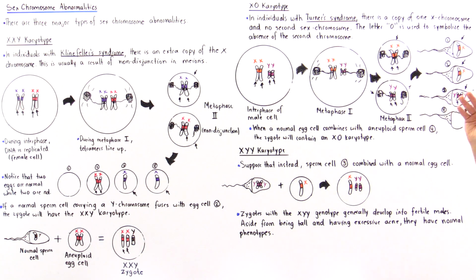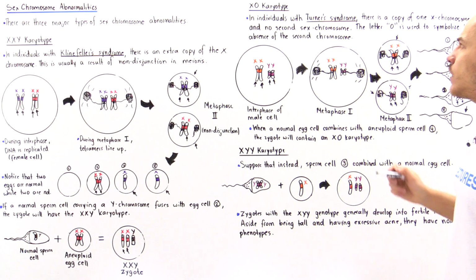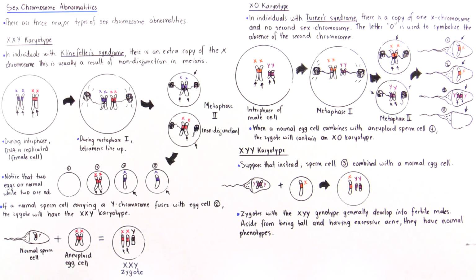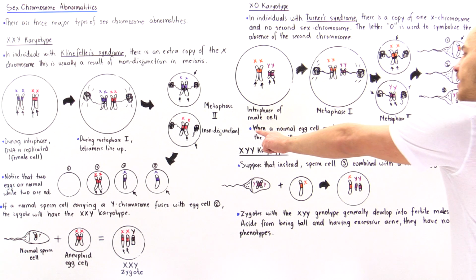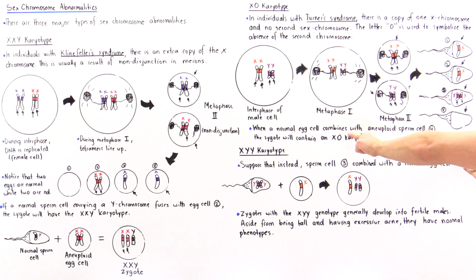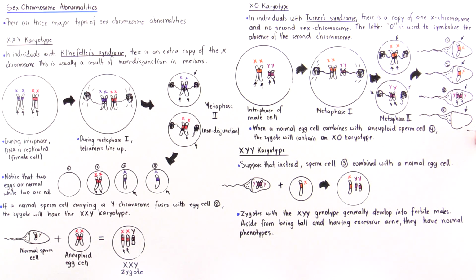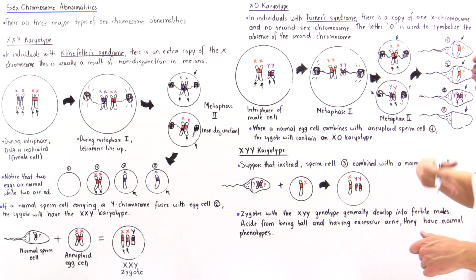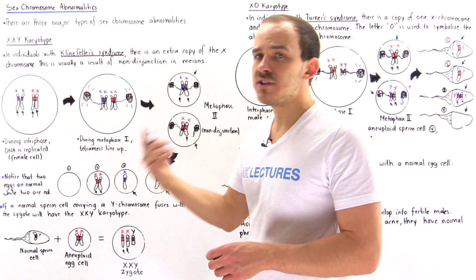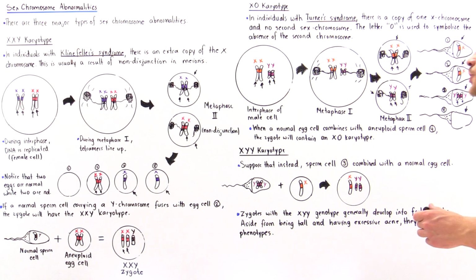And this is what we mean by the XO karyotype, also known as Turner syndrome. So when a normal X cell combines with the aneuploid sperm cell number 4, the zygote will contain an XO karyotype, and that zygote will eventually develop into an individual that is said to have Turner syndrome.